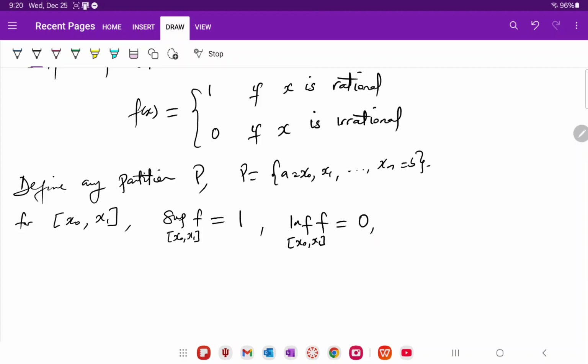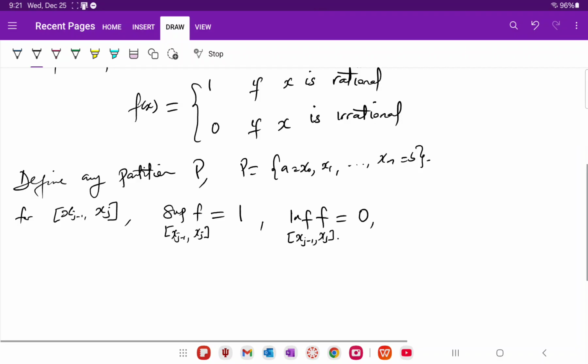So let's make this for [x_{j-1}, x_j], for any j. For any sub-interval we pick, the sup of f will always be 1, and the infimum will always be 0.